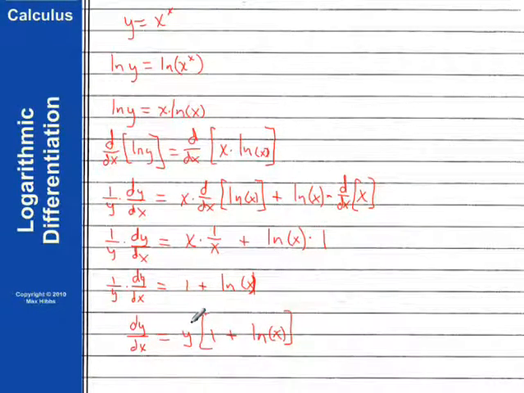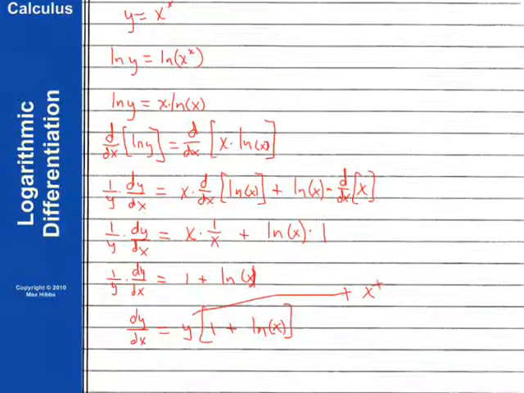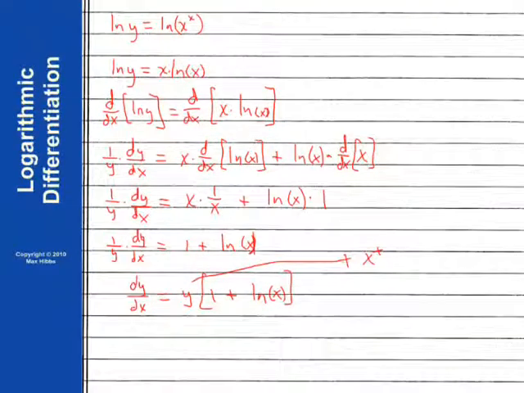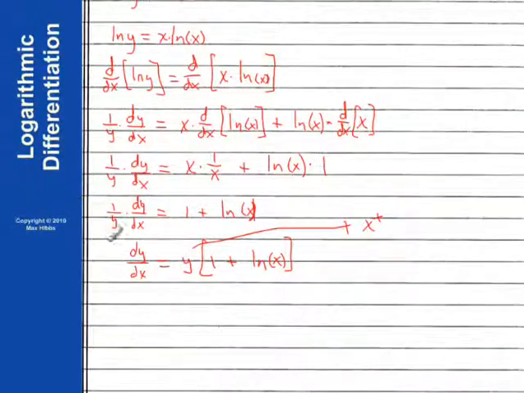But y is x to the x power, remember? That's what y is. And so as we finish this off, dy dx, which originally we were asked to find f prime of x, so we'll go ahead and say that f prime of x is x to the x power times 1 plus the natural log of x.